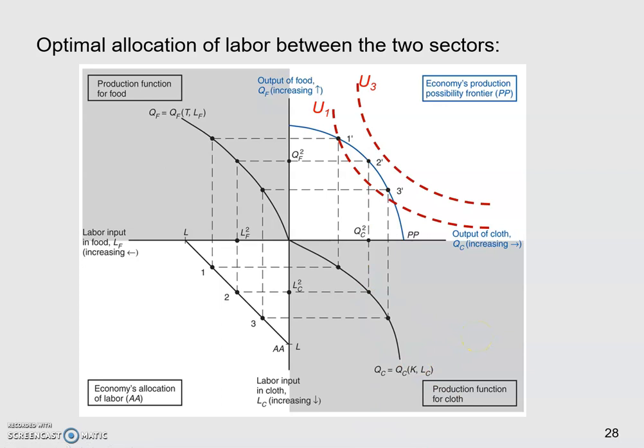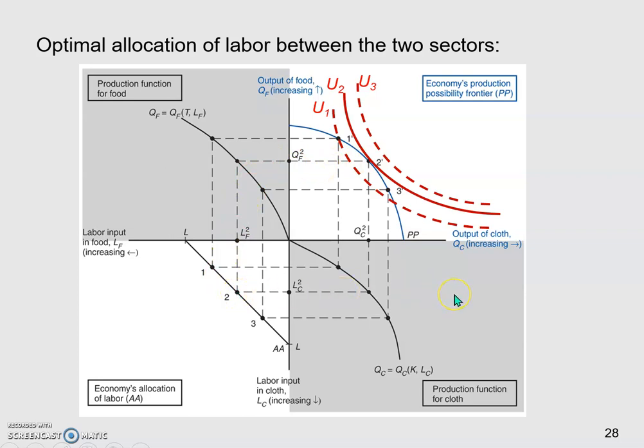And we said previously that at the optimal production point on the PPF, we should find the indifference curve which is just tangent to the PPF. So in this case, I put 0.2 here as the optimal choice of production. In other words, the optimal allocation of labor between the two sectors.